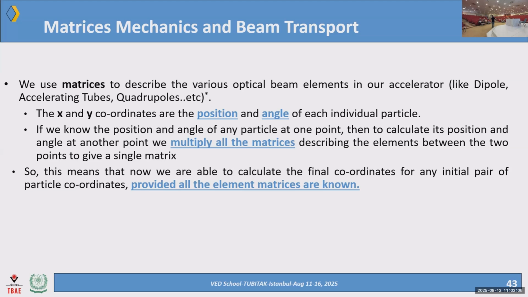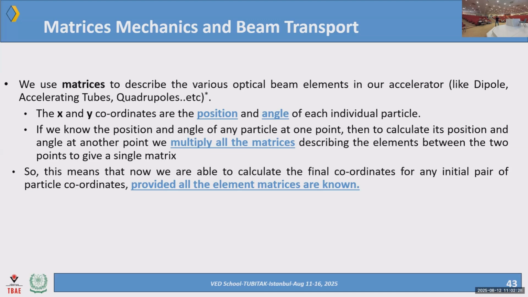For example, the electron gun has its own matrix. The space without field has its own matrix. We call it drift space. Magnet has its own matrix. Different types of magnets have their own matrices. Accelerator or RF cavities have their own matrices because these matrices are actually functions of different things.